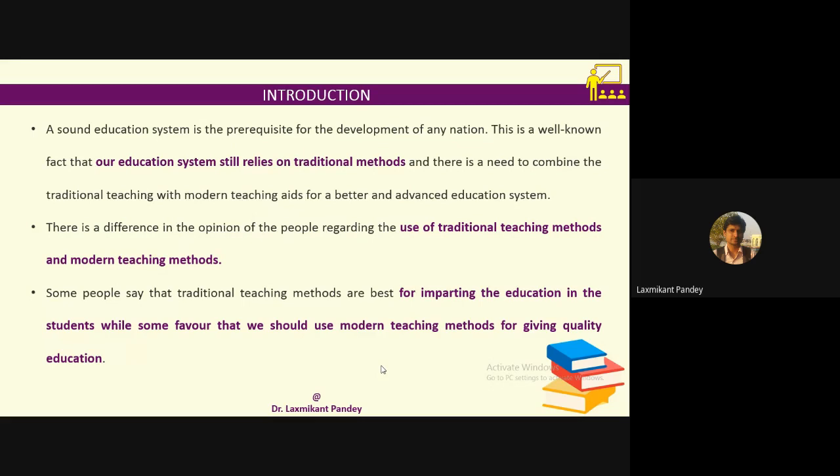Humans are different from animals in the sense that they can think and they can analyze the things they see around them. So this is how humans are different from animals or other living things. The basic thing which demarcates humans from other life forms is education or teaching.